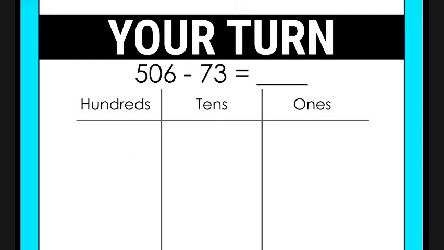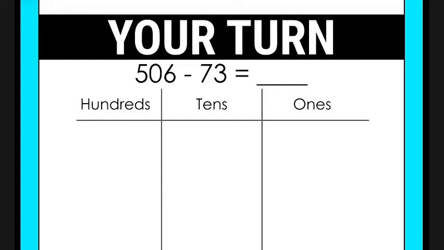Our next one is 506 minus 73. Go ahead and draw your hundreds, tens, and ones chart. Now for your next step, go ahead and build your minuend.